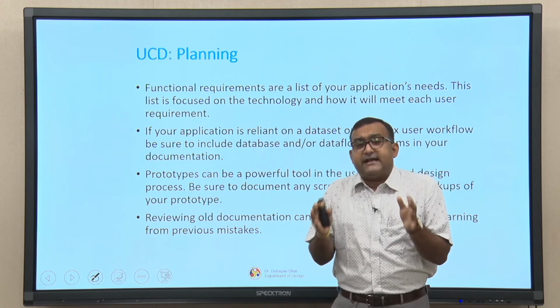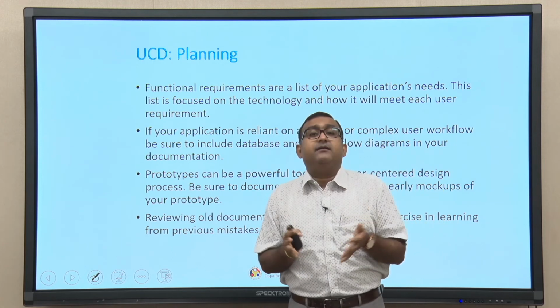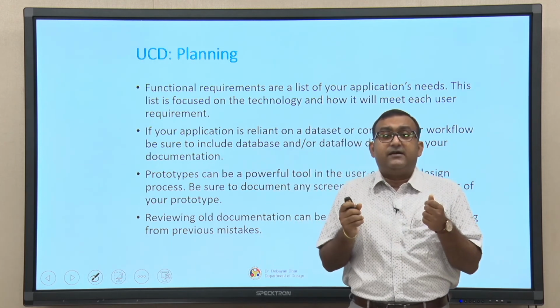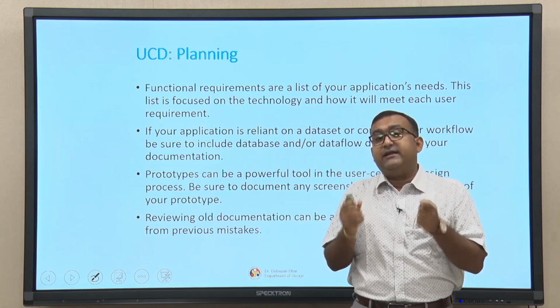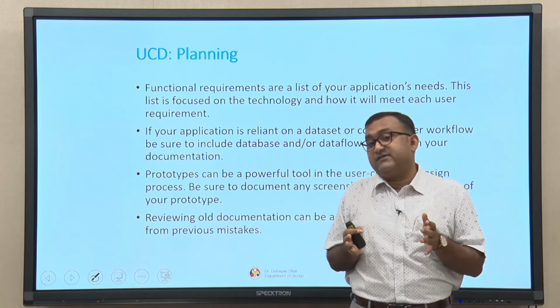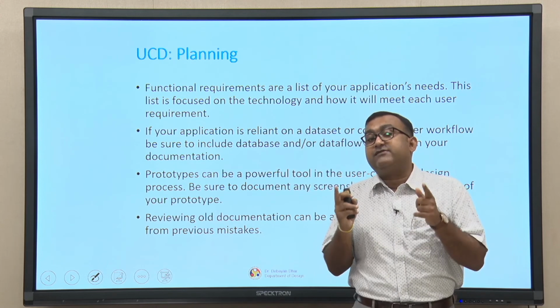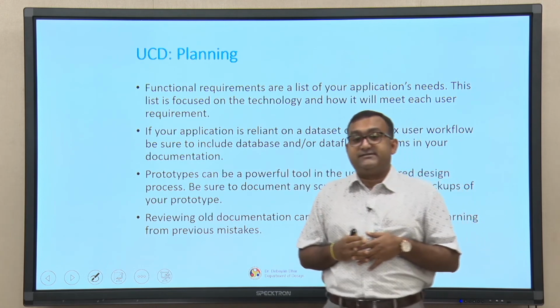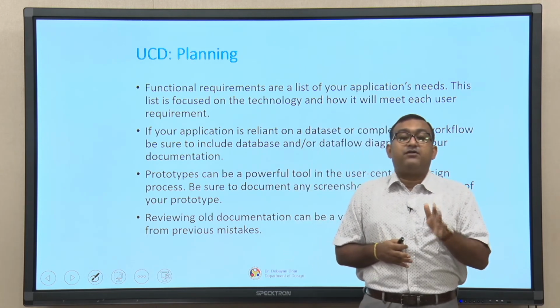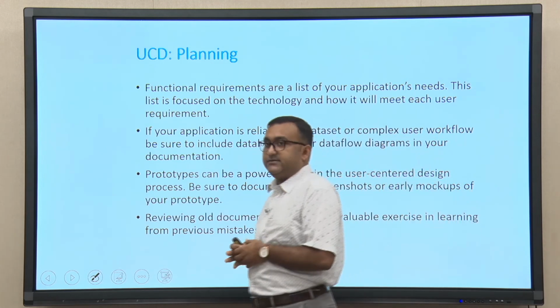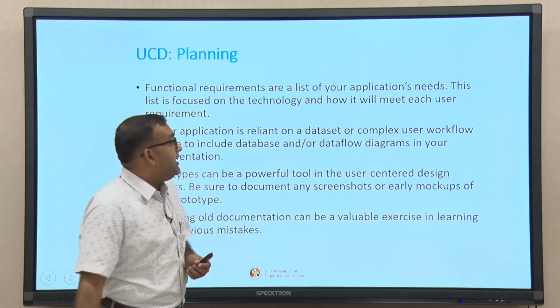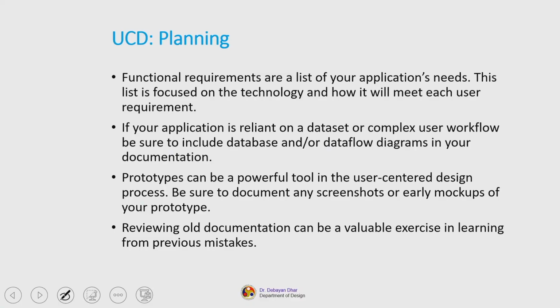The most important aspect of keeping these points in mind while you plan the UCD process is focusing on the functional requirements. These are the list of your application's needs. So, we are referring to the application needs here as functional requirements.